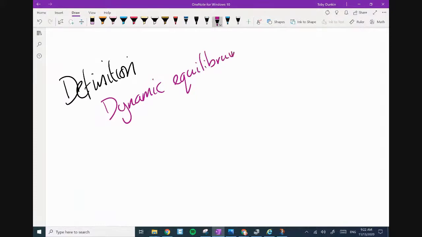Now, this has major points in it. Sometimes this question gets called the features of a DE, dynamic equilibrium.